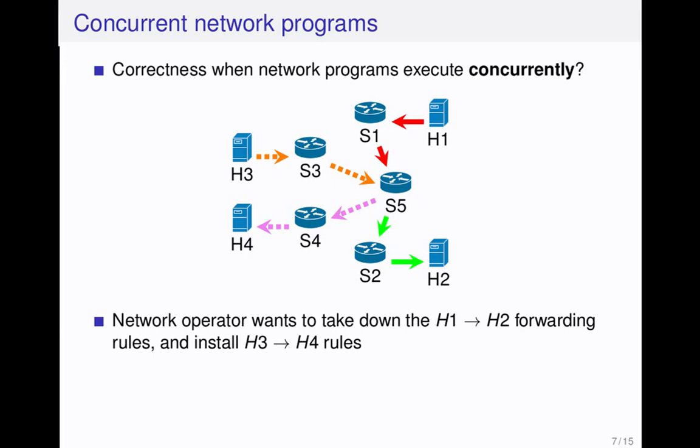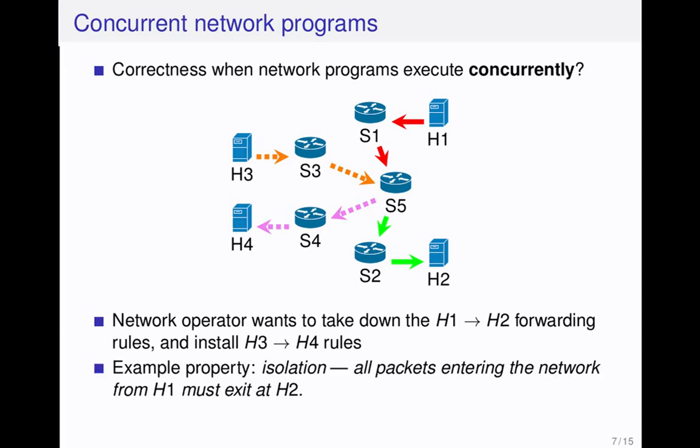Initially, traffic is being forwarded from H1 to H2 along the solid paths, and the operator wants to take down the initial path and set up this configuration, which forwards from H3 to H4. But the operator also wants this isolation property, which says that all packets entering at H1 need to exit at H2.